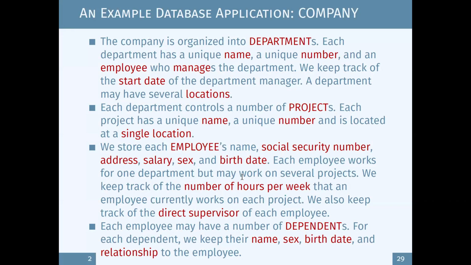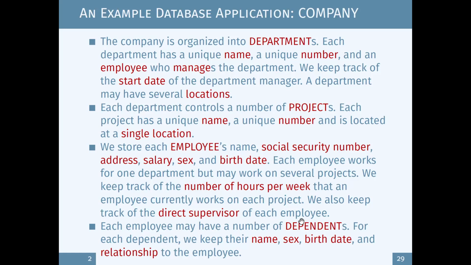Similarly, in the second statement, name, number and location are attributes of project. For employee, name, social security number, address, salary, sex, and birth date are known as attributes. So simply, attributes describe the entity type.